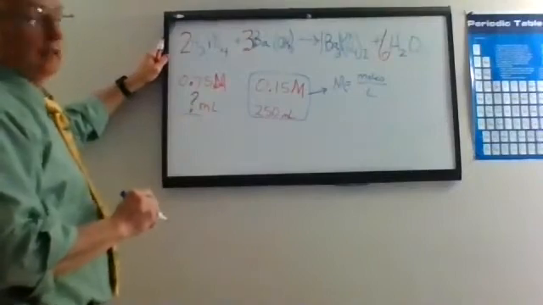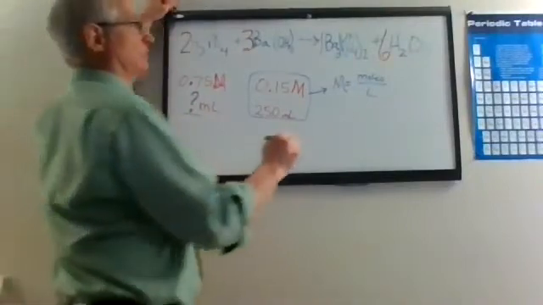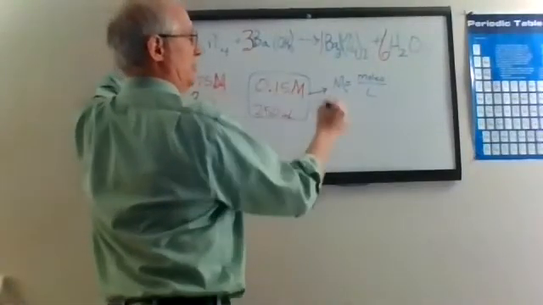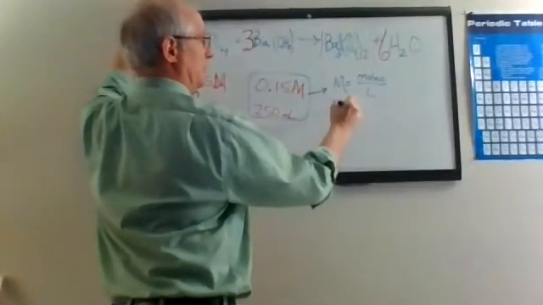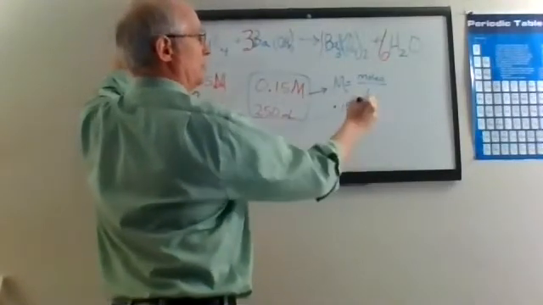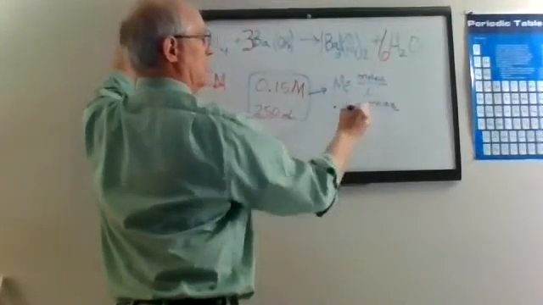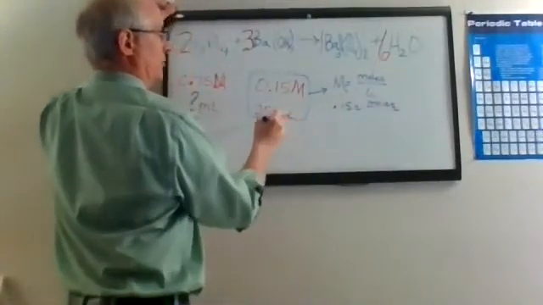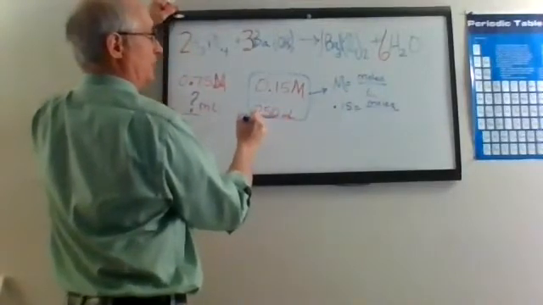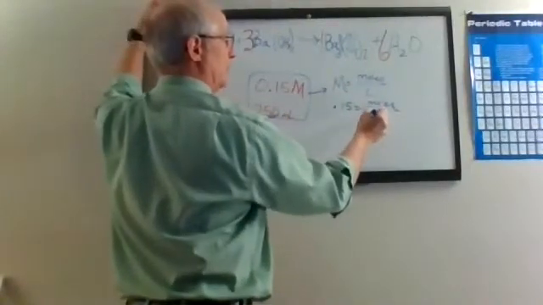We'll do that after the fact. So the molarity is 0.15. Moles is what we're trying to find out. And the liters is 1, 2, 3 bunny hops divided by 1,000, 0.25.